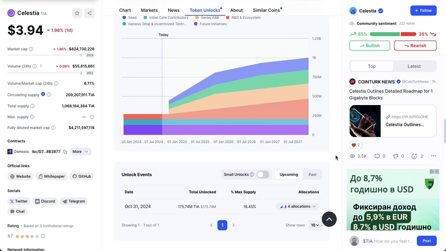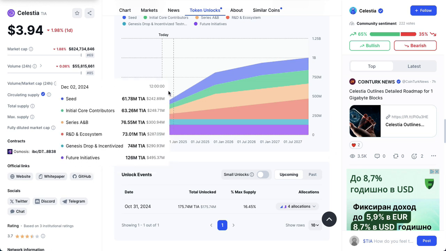So we're anticipating in the months to come another 80% to get into circulating supply. So obviously that will dilute the price, and most probably that will crash the price as well.